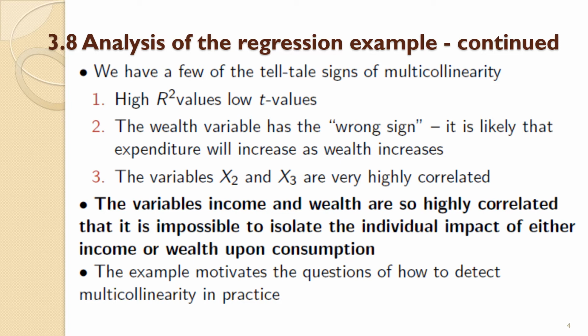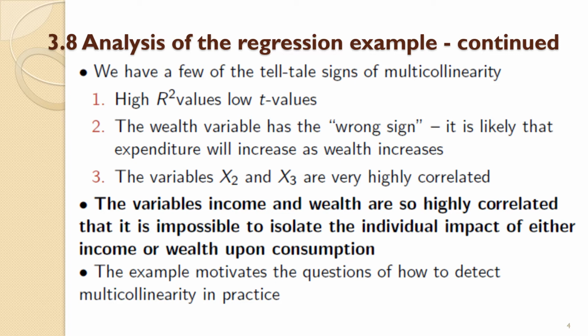It doesn't pass a common sense test. Again, look for these common sense tests whenever you're looking at numerical problems or problems in accounting and finance. The natural explanation for this example would be that the x2 and x3 variables are very highly correlated, and really what this is saying is that because they're so highly correlated, it's impossible to isolate the individual impact of either income upon consumption or of wealth upon consumption.